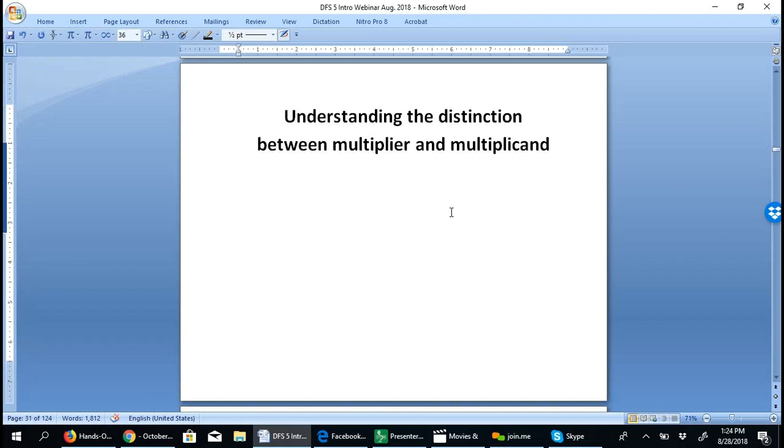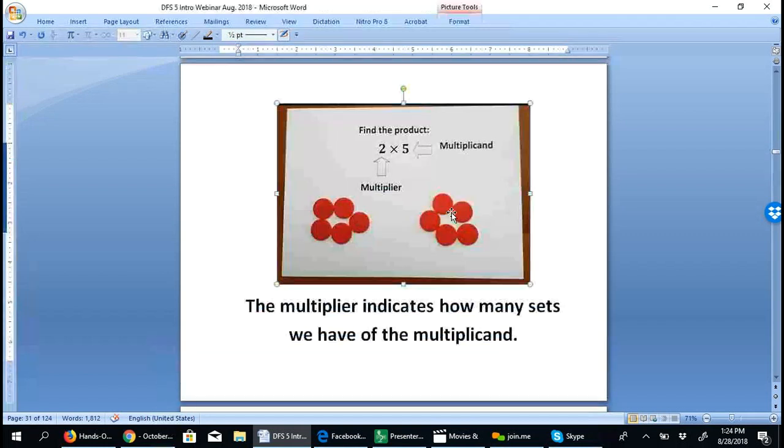So today's focus is fraction multiplication. The first thing we need to know is the distinction between multiplier and multiplicand. So if we take this simple problem, 2 times 5, 5 is the multiplicand and 2 is the multiplier.